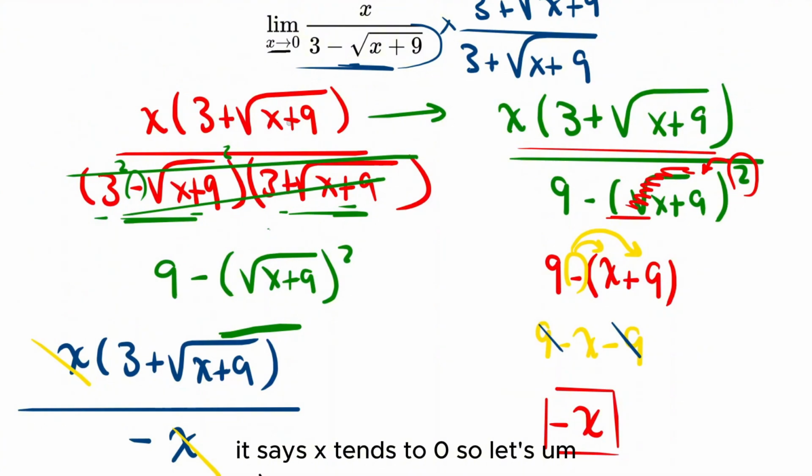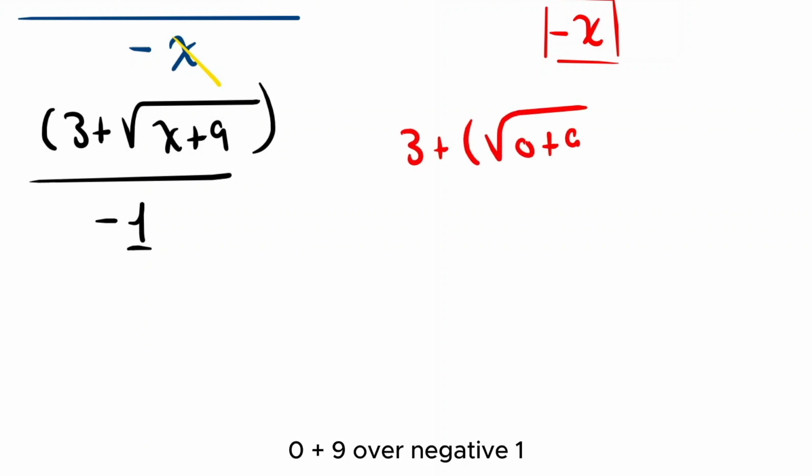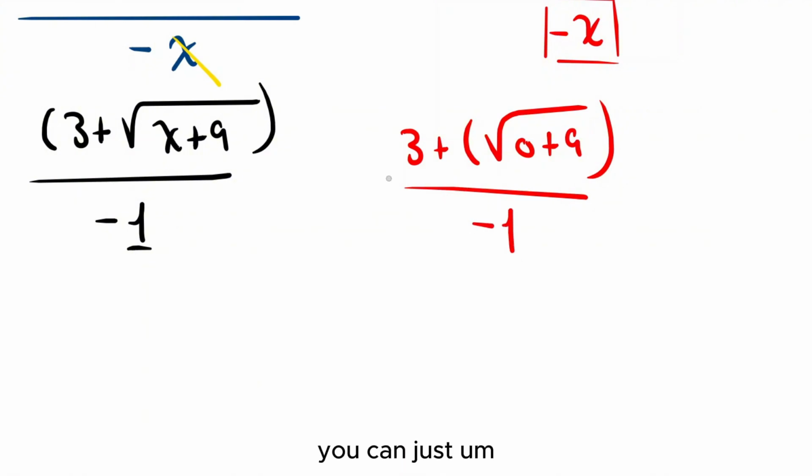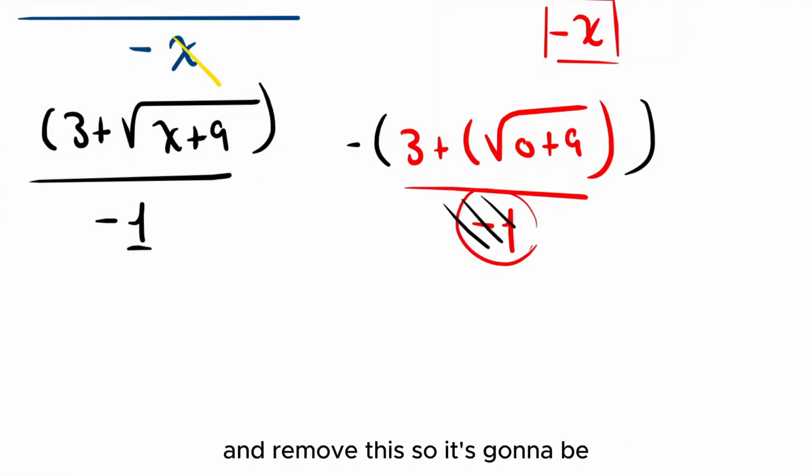Let's take a look at the equation here. It says x tends to 0, so let's substitute. 0 plus 9 over negative 1. Instead of putting the denominator as negative 1, you can just put a negative sign for that fraction and remove this.